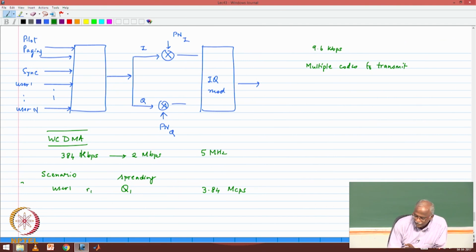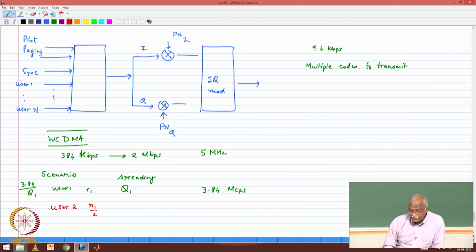Rate 1 will be 3.84 divided by Q1. Basically that's the rate at which the information is coming in. So now if there is user 2, let me use a different color, user 2, and user 2 says, no, I don't want R1. I don't need such a high data rate. I want only half the data rate.